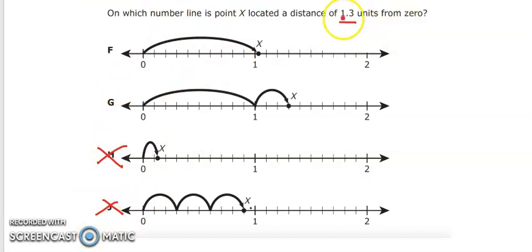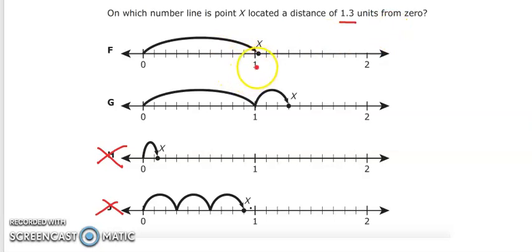So now, how do we get the correct answer? Okay, so we understand that it has to be 1 and something. Now we need to figure out what this 0.3 is. What I teach my students is to think about 0.3 as base 10. So 0.1, 0.2, 0.3, 0.4, 0.5, all the way to 1.